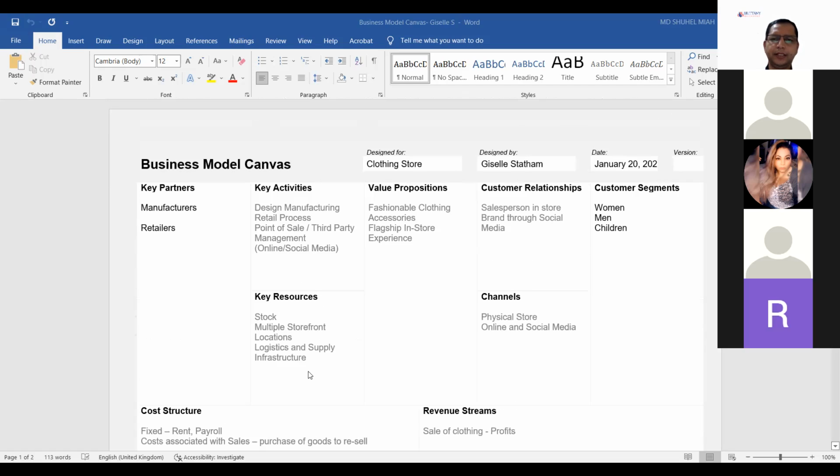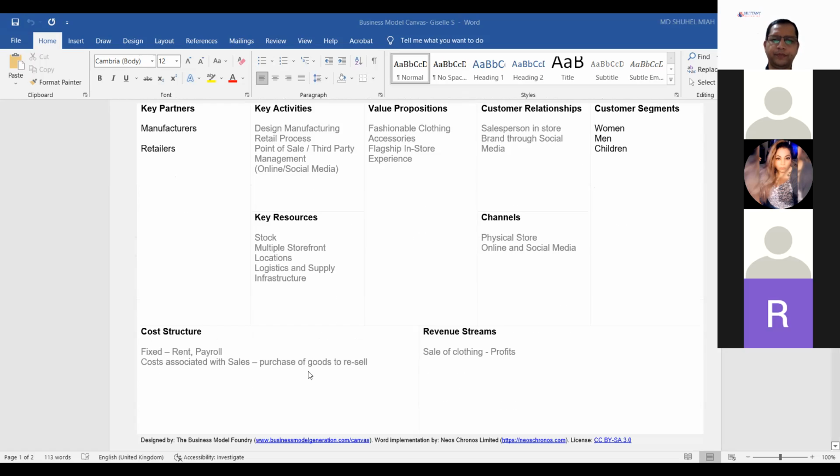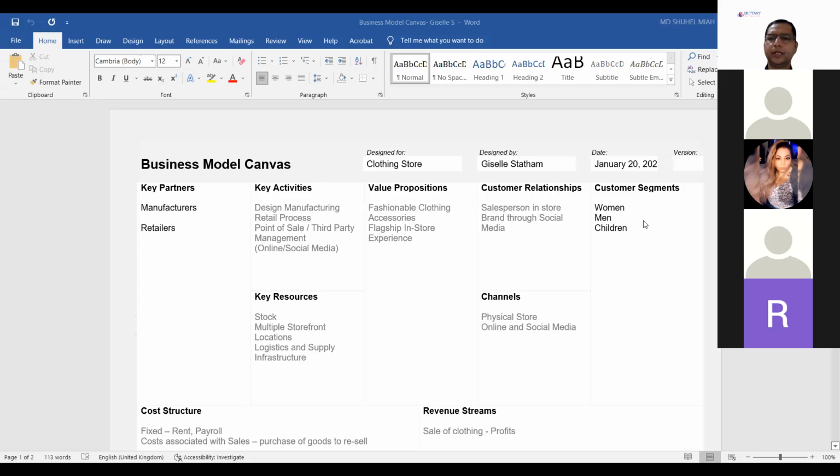Customer relationship, sales in the store, brand, yes, it's good. Channels are your physical store, online and social media, this is good. Revenue stream, the sales of clothing, profit, this is good. Customer segments are men, women, and children, okay. What else? Okay, that's all.